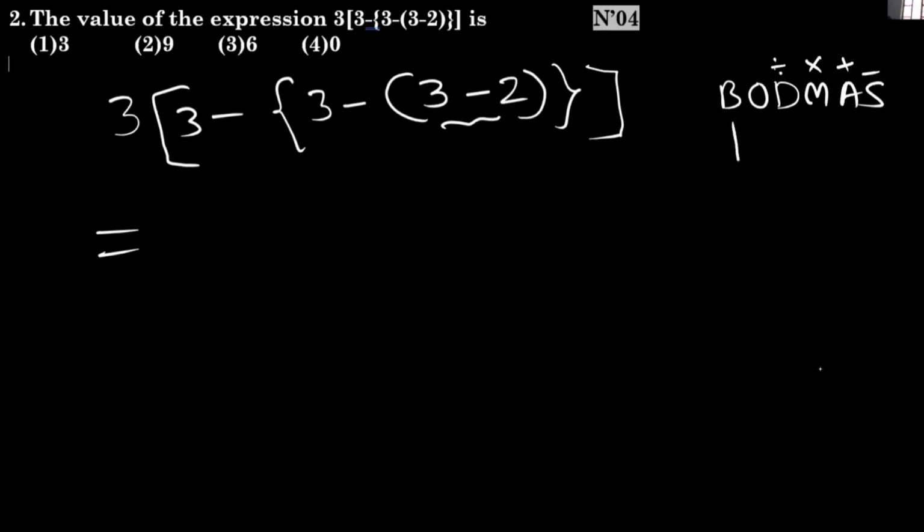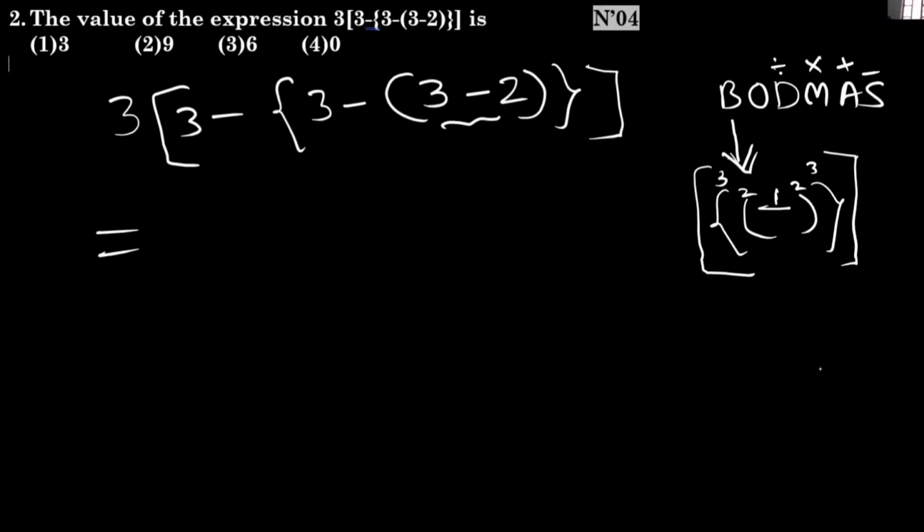So B stands for brackets. There are different brackets, children. Vinculum, this is the first bracket, vinculum or bar bracket. This is the second bracket, circular bracket. Next, this is the flower bracket. This is third position. Next, big bracket or square bracket.